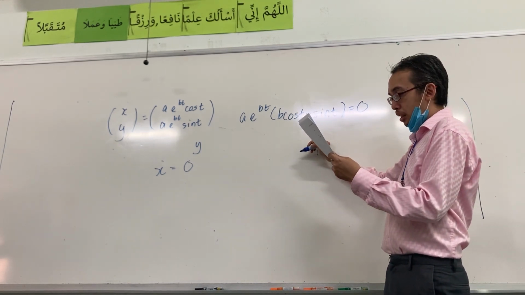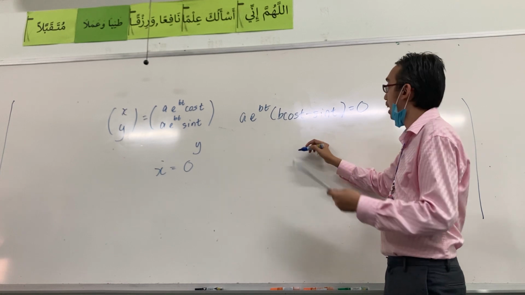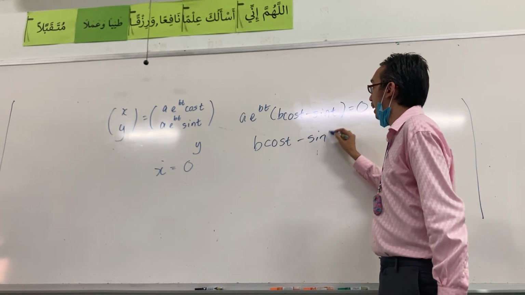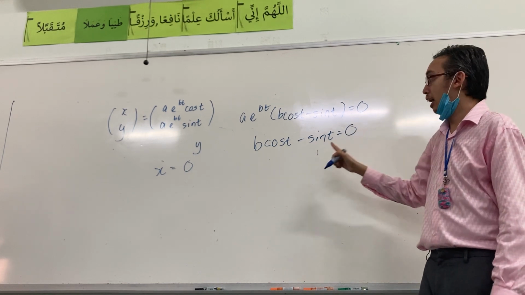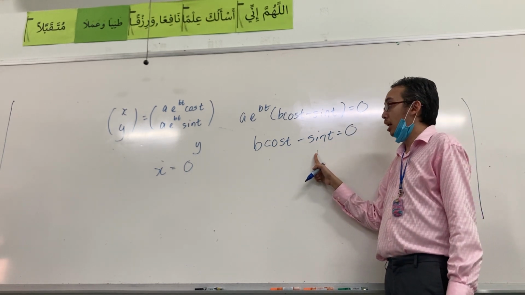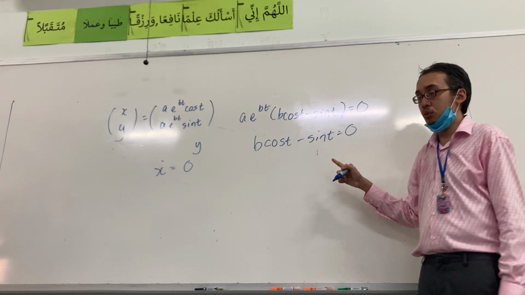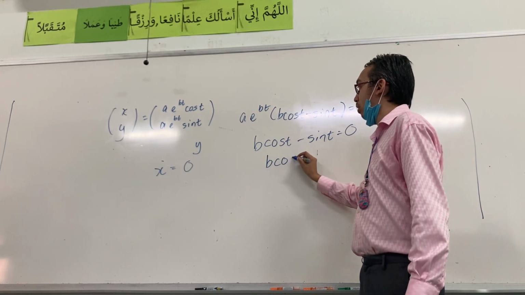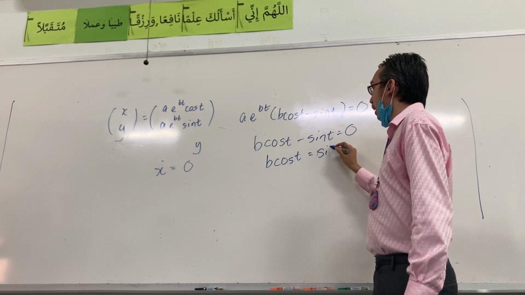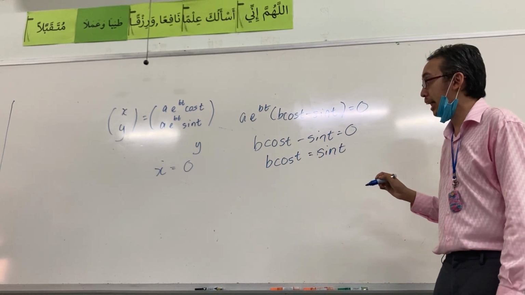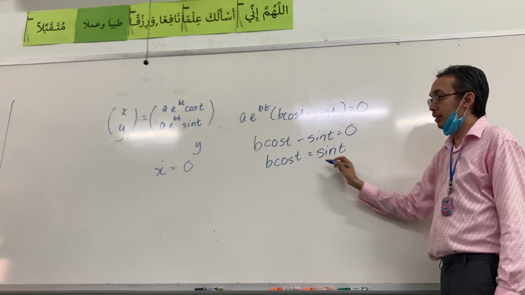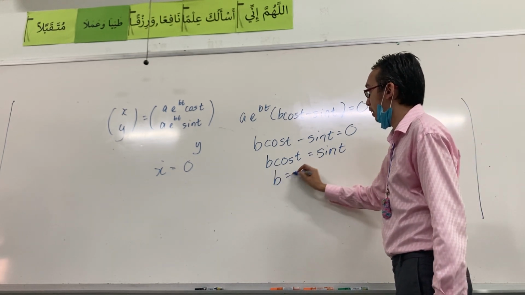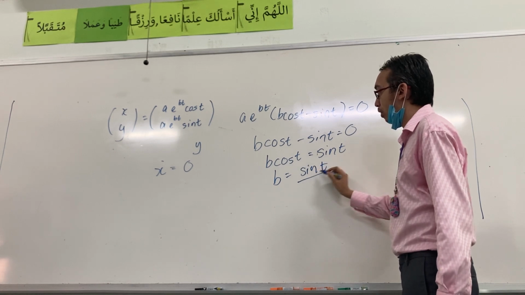That means you will get b cos t minus sin t equals 0. With cosine and sin, what we need to do is shift it to one side, so b cos t equals sin t. Then we shift this down, that's how it's usually done. So b equals sin t over cos t.